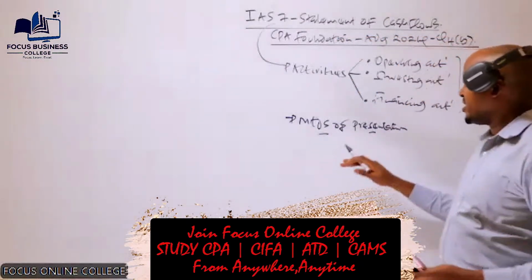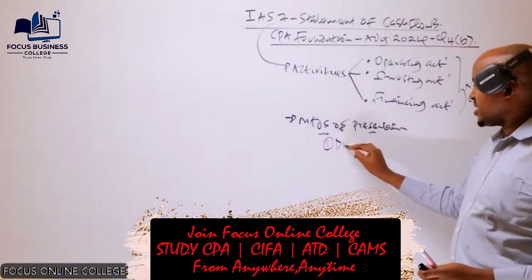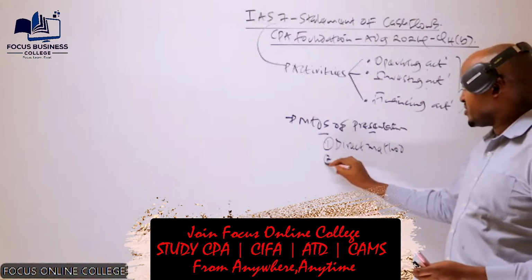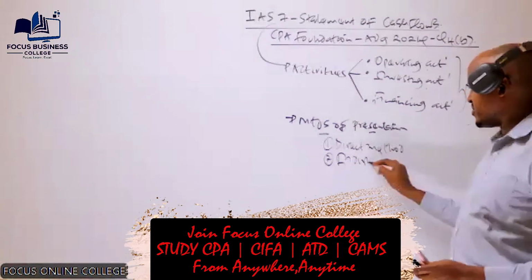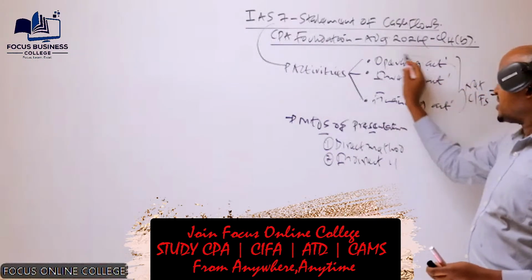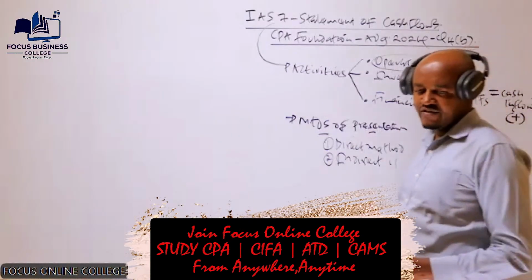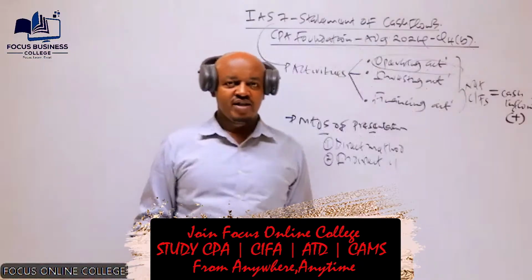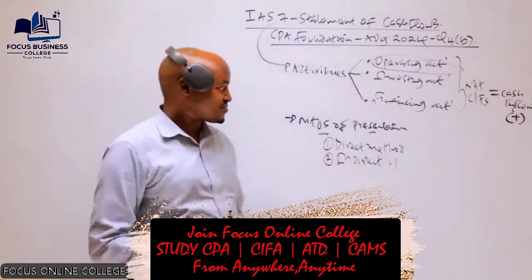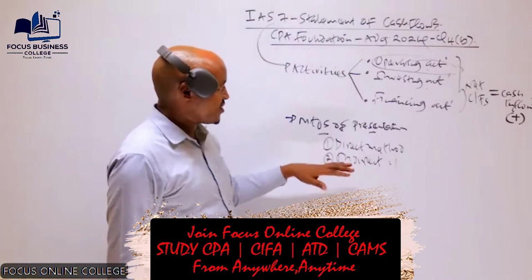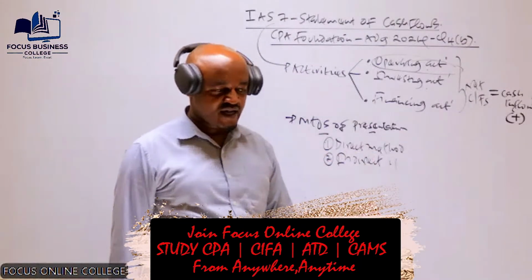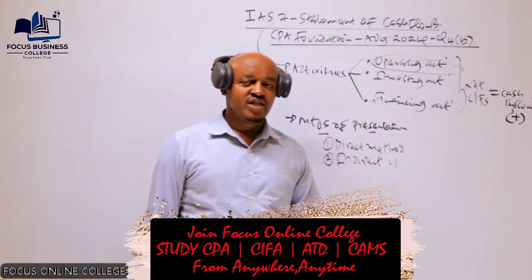And actually, the difference between those two methods is how we determine the net cash flow from operating activities. That is the only difference. So under the direct method, we determine the net cash flow from operating activities using a direct approach.